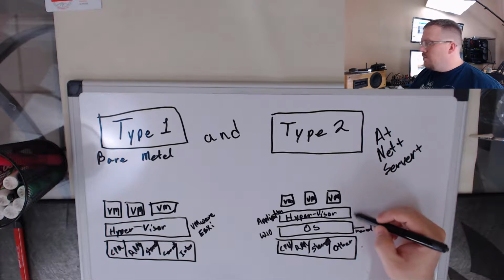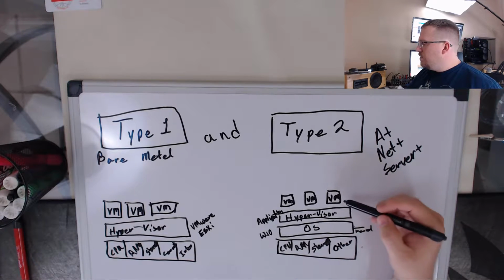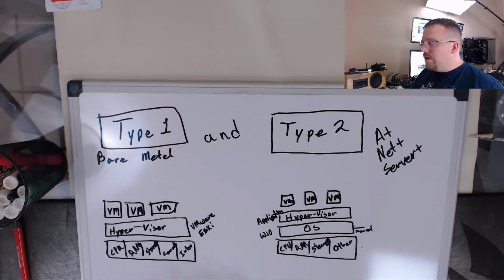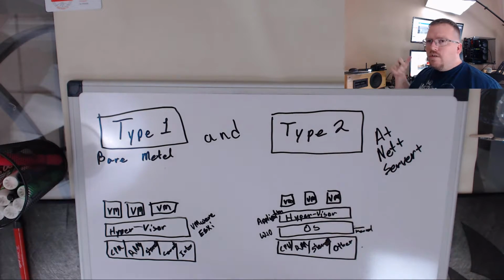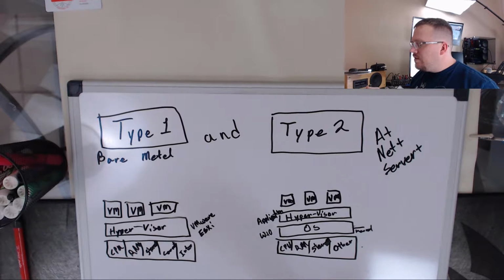I'm going to cover what this is shortly. That's why I'm laying down the foundation. And your VMs will all run on your machine that is just running your regular OS, right?